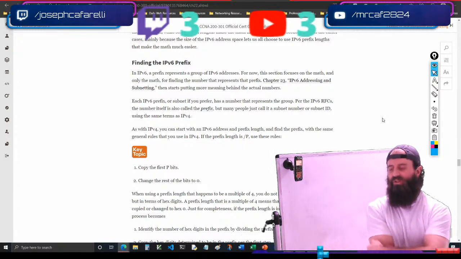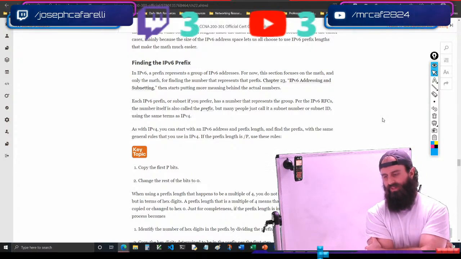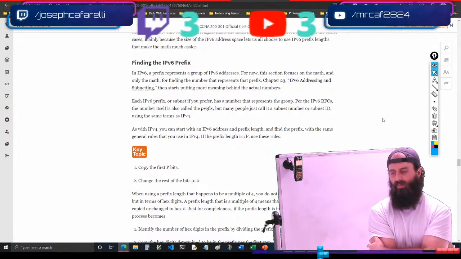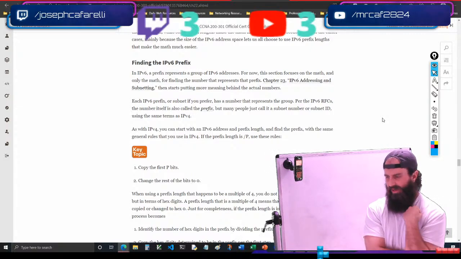An IPv version 6 prefix, or subnet if you prefer, has a number that represents the group. Per the IPv version 6 RFC, the number itself is also called the prefix, but many people just call it the subnet number or subnet ID, using the same terms as in IPv version 4.